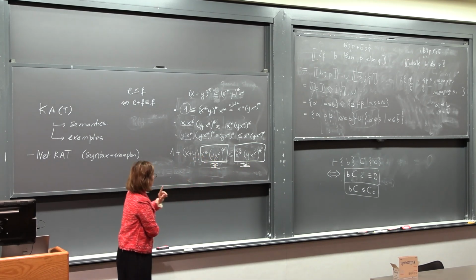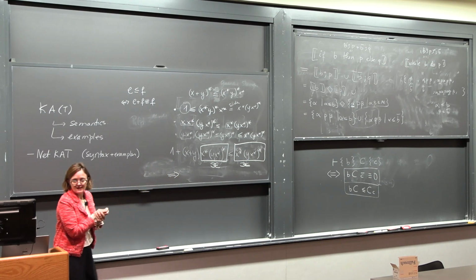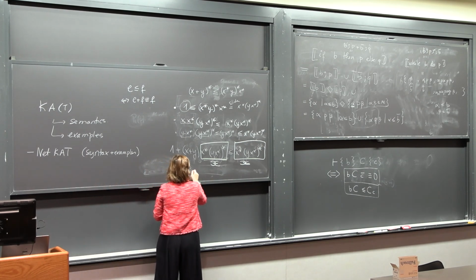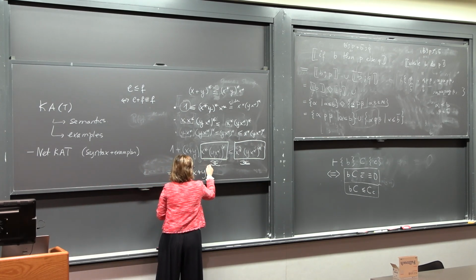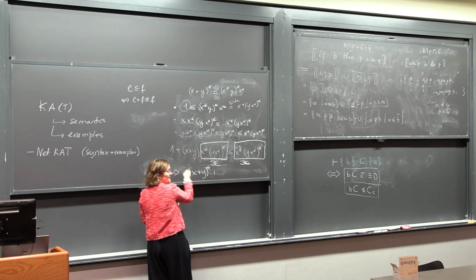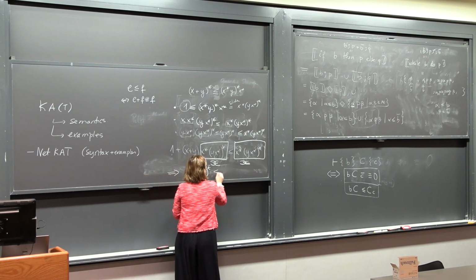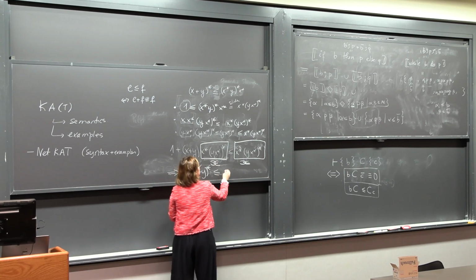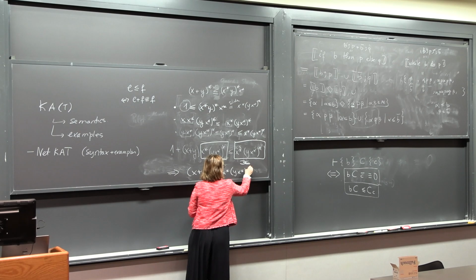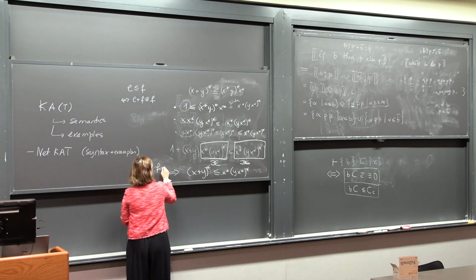So at this point, I can apply my fixed point rule and conclude that x plus y star, concatenated with 1, but I can forget about that, because concatenating with 1 does nothing, is smaller or equal than my x, which is x star y, x star star. So here I use the fixed point rule.